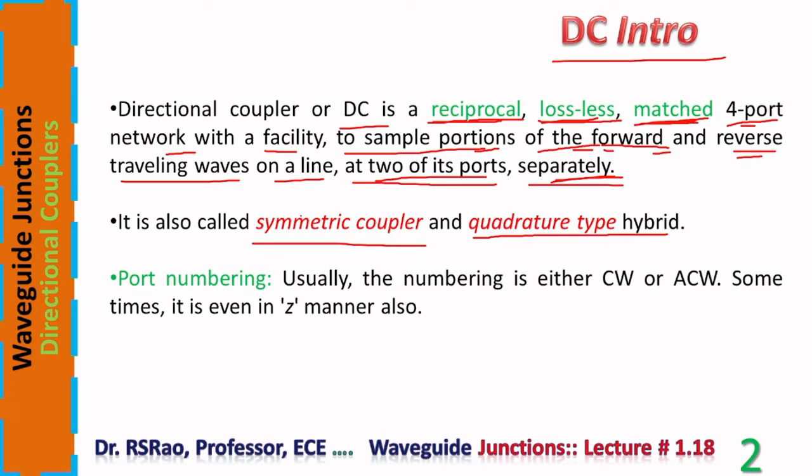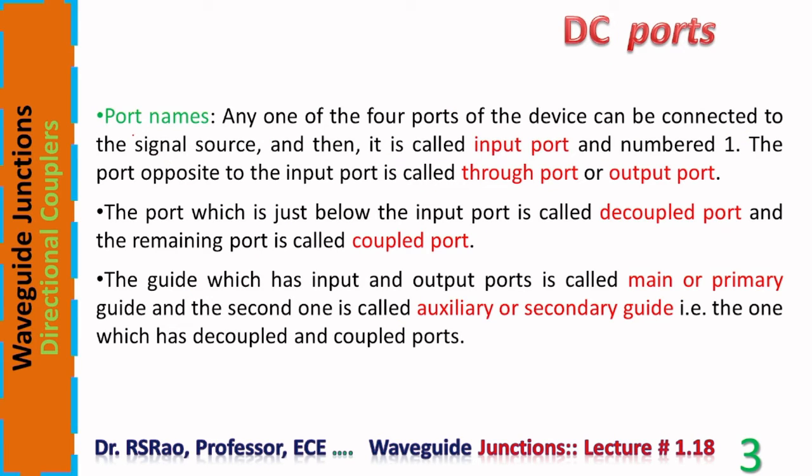4 ports are there. Numbering of the ports is an important aspect as far as microwave junctions are concerned. While numbering the ports, usually it is done either clockwise or in anti-clockwise manner. Sometimes even Z manner is also followed. Ports have names.